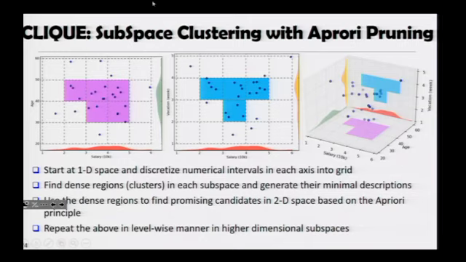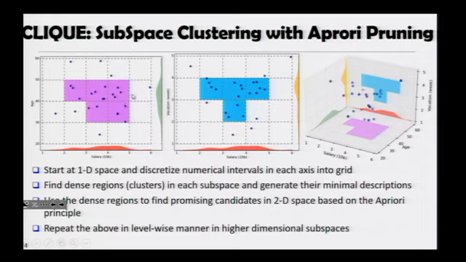Once you have those descriptors, you can proceed to the next level, taking the other dimension into account. Let's say you also consider age, so now you have this 2D space. In this process, that's where the a priori principle comes into play.